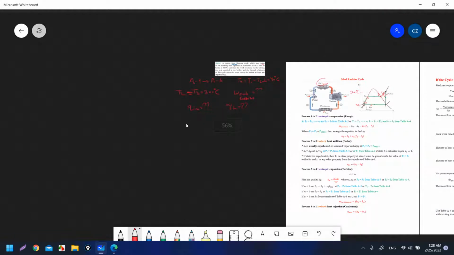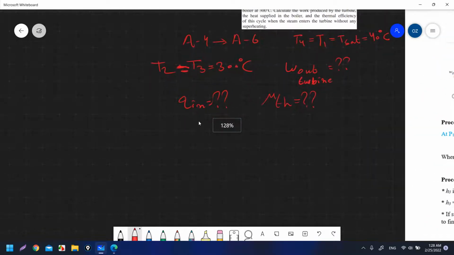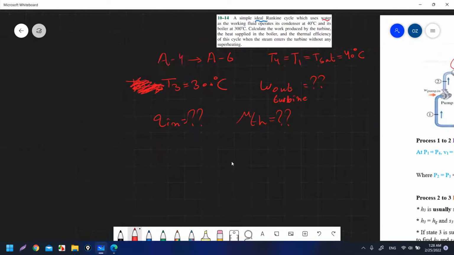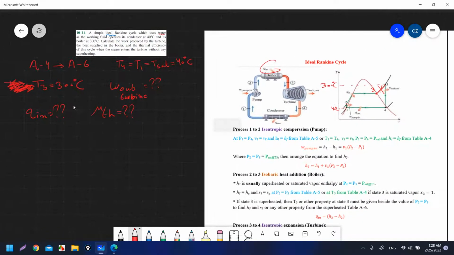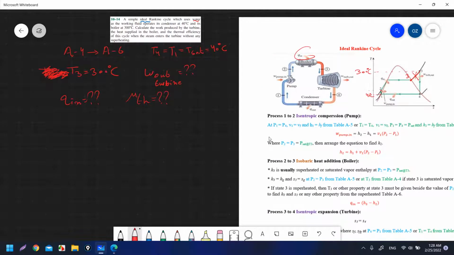So not T2. Alhamdulillah, we realized this mistake. So T3 is equal to 300 degrees Celsius. Now you want to find everything.